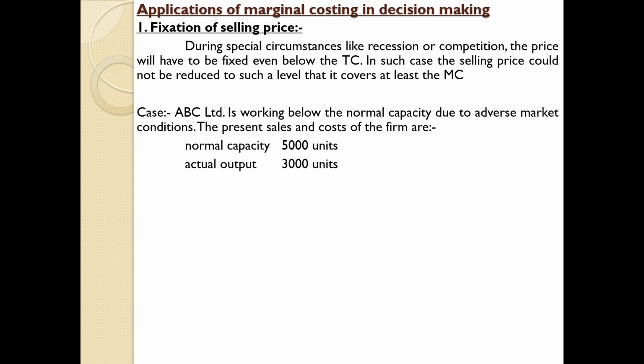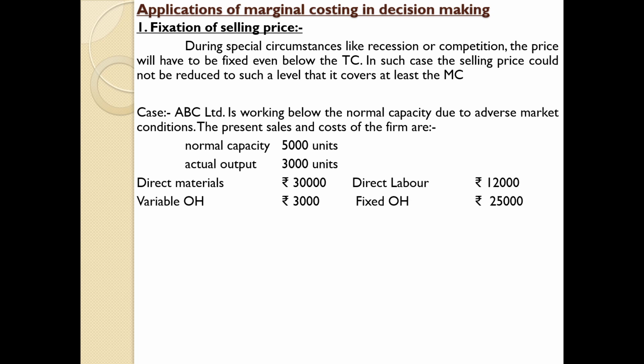Never ever does the actual output exceed normal capacity. Always the actual output will be equal to normal capacity or less than normal capacity. It will never surpass normal capacity. Next, direct material is 30,000, direct labor is 12,000, variable overheads is 3,000, and fixed overheads is 25,000.